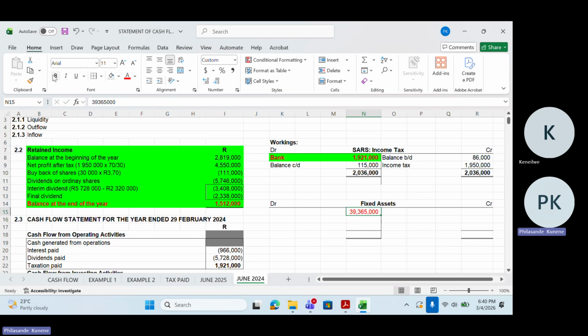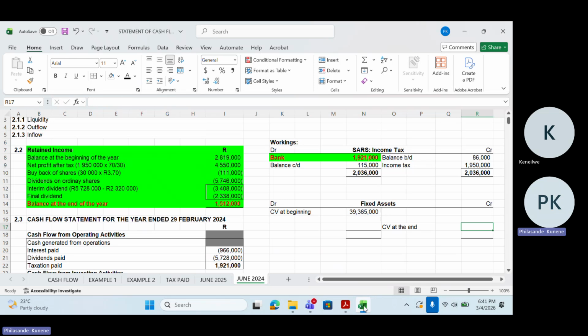You can call it a balance brought down. It's up to you, or you can call it carrying value at the beginning, whichever way you want, but you know this is the carrying value at the beginning from the fixed asset note. And the carrying value at the end will be the balance carried down on our credit side.